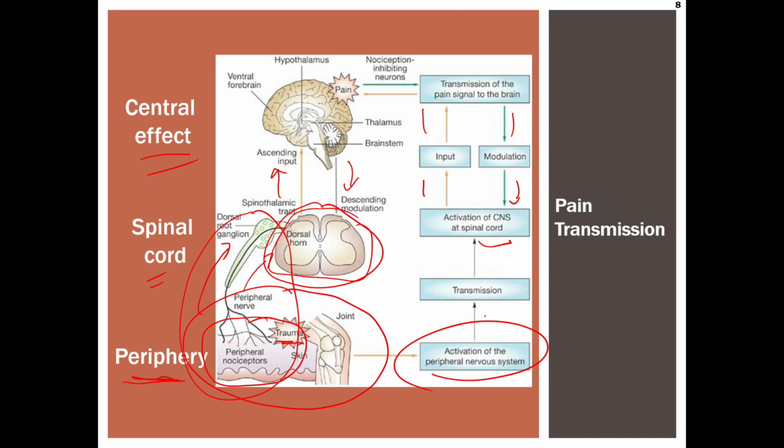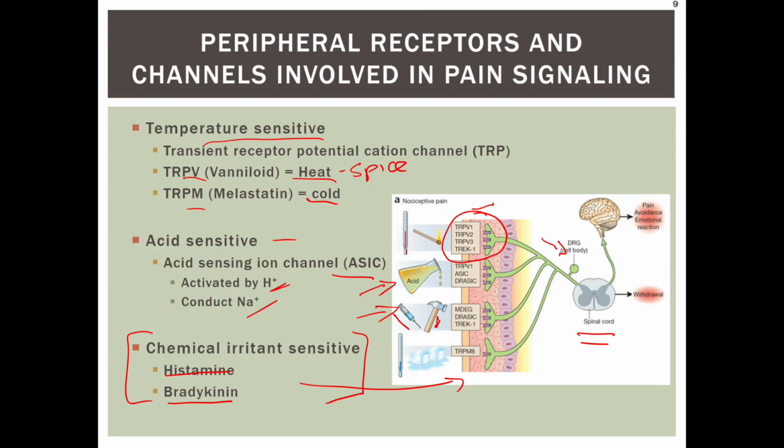Potassium levels actually go up, all of which can stimulate that afferent neuron to send a signal into the spinal cord. So we have these receptors that send this information into the spinal cord, where it is processed.